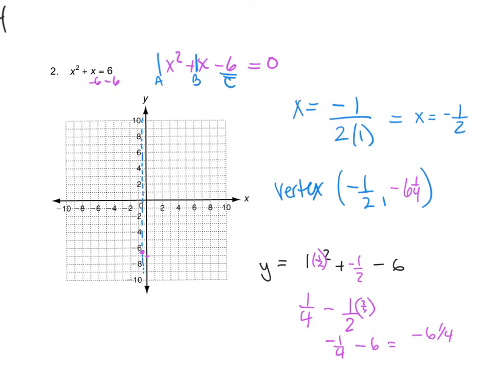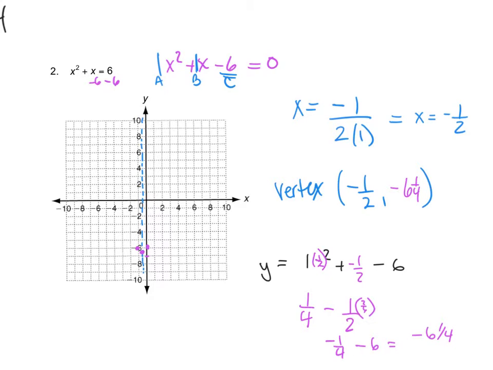Now that I have the vertex, I am going to find where I cross the y-axis. I'm sorry, the y-axis is this one. Negative 6. So when I go to negative 6, that's where I'm going to cross the y-axis. That means I can reflect that point. If my axis of symmetry is half over to here, I'm going to go half over to here.